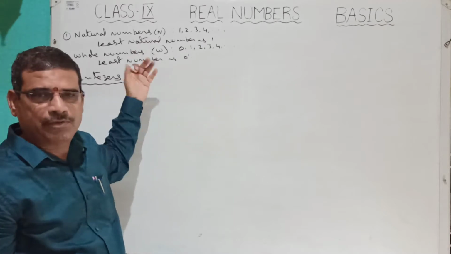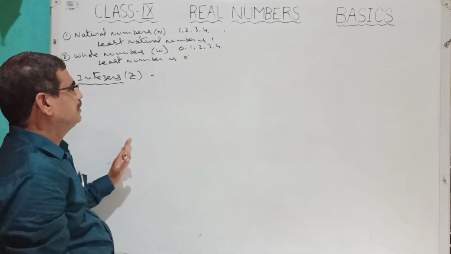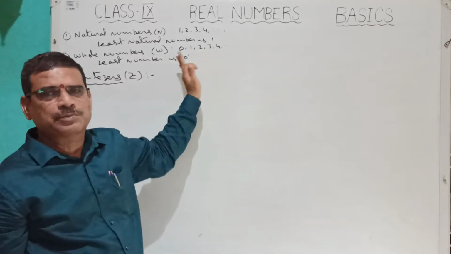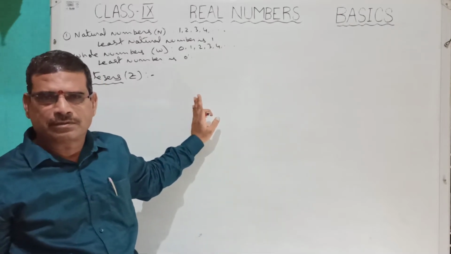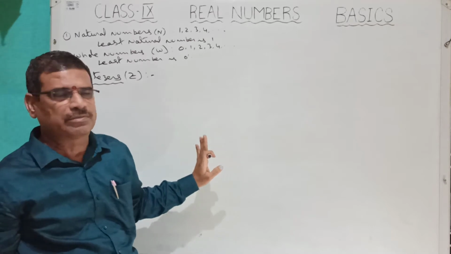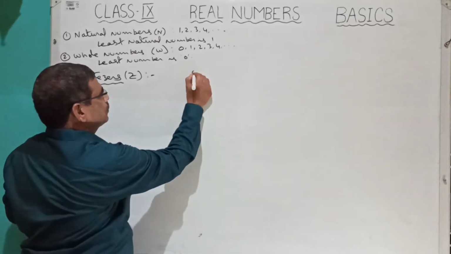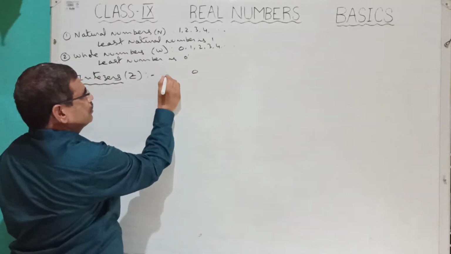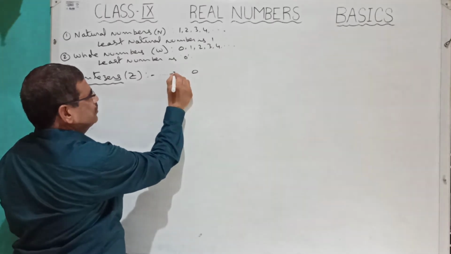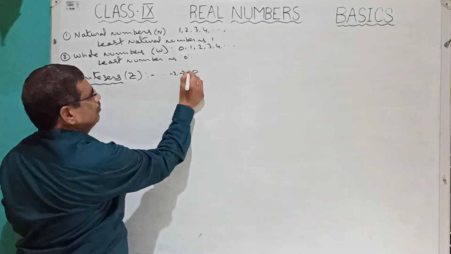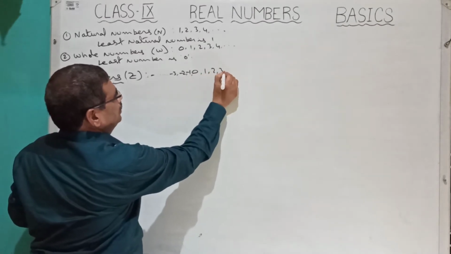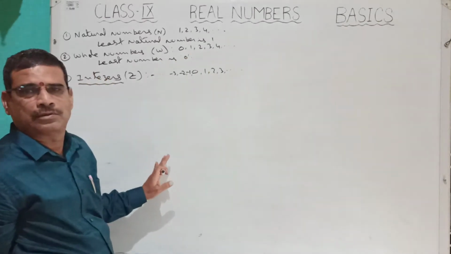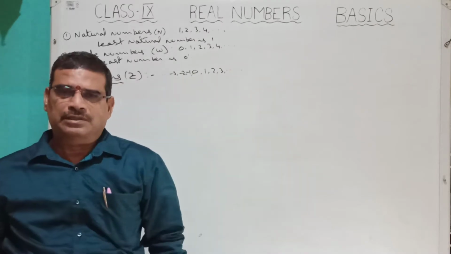In negative numbers, we don't know the starting number, but we know the middle number 0. So starting number we don't know, some dots, -3, -2, -1, 0, 1, 2, 3, and so on. These are all called integers.